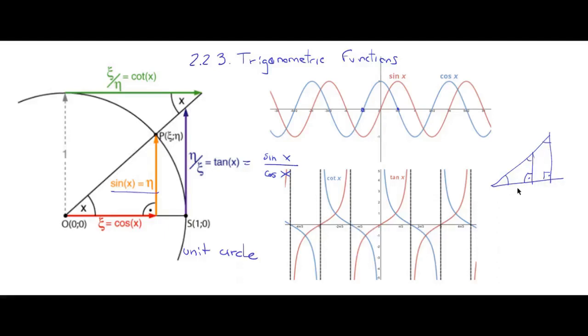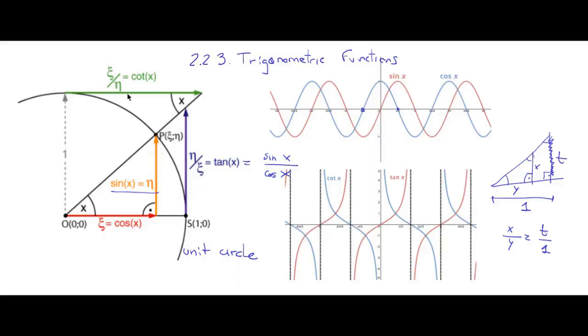So the ratios between the lengths are proportional: x over y is the same as t over 1. In this case t is the tangent, x is the sine, and y is the cosine. That's how you define the tangent.